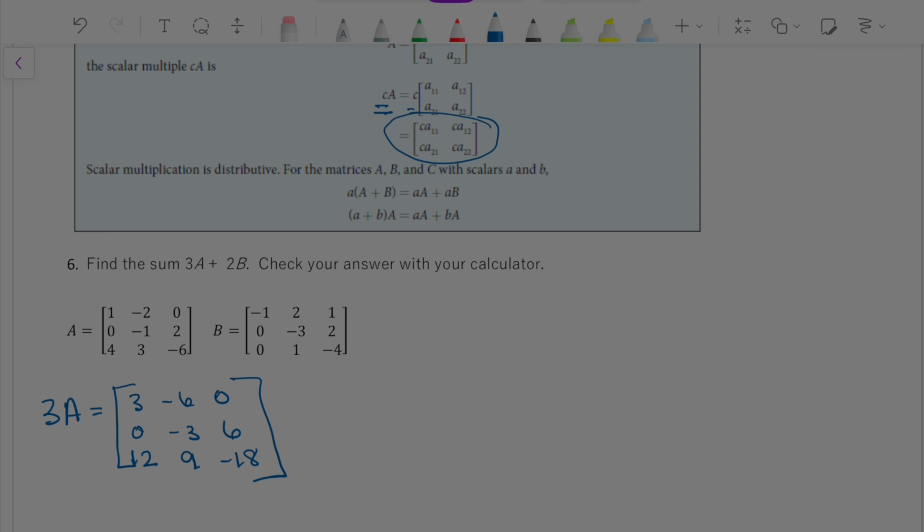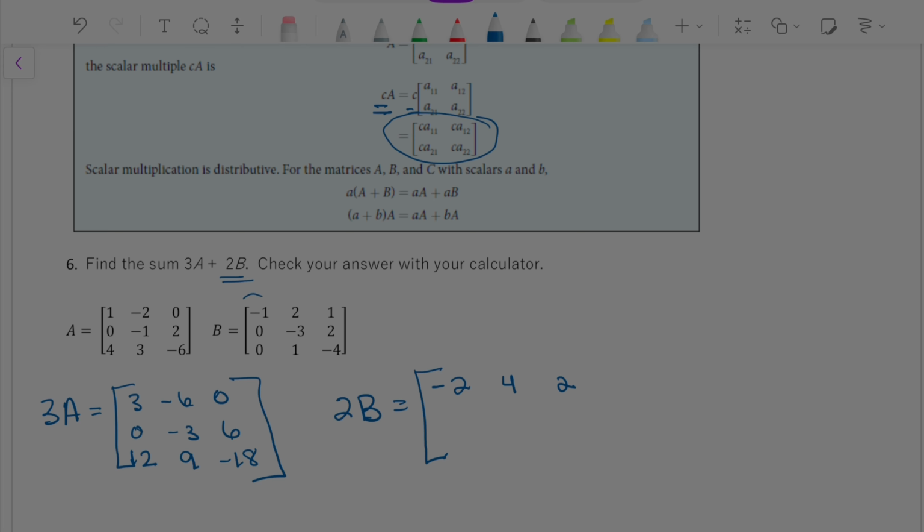So if we come down here, if they're asking us to find 3A, basically you take your entire matrix A and everything gets multiplied by 3. There's 3A. And I know we're going to add that to 2B, but let's find 2B first. Matrix 2B is going to be, I'm just running through this and multiplying everything by that scalar. Just like that. Now, this particular example is saying you need to find the sum of these two.